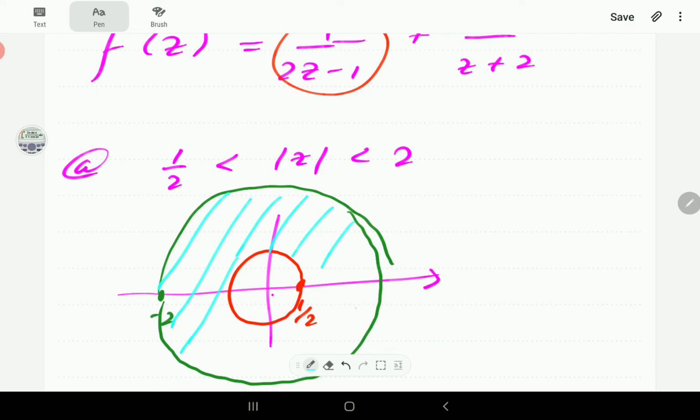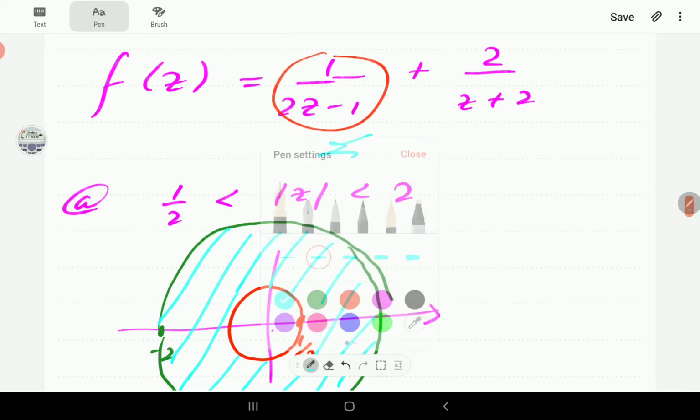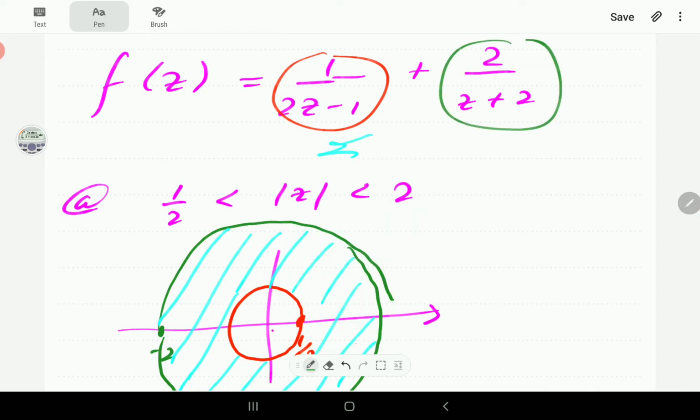That's going to be the intersection. Remember, the red circle is associated with this partial fraction there, and inside the green circle is associated with that one.